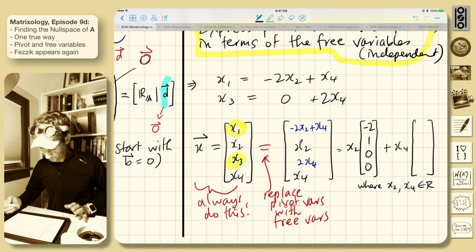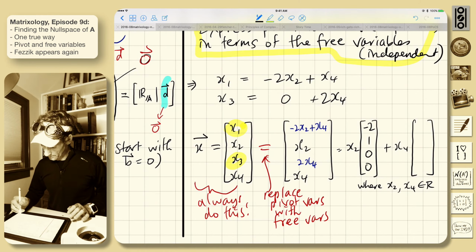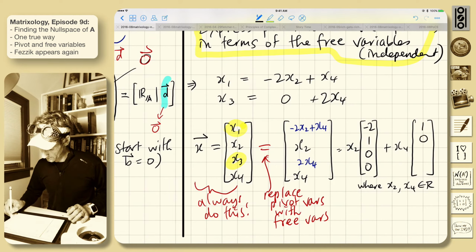Did I get that right? Yeah. Okay. Right. So if we look down through here, we find all of the x2 pieces here, and the rest are zeros. The x4s here, here, and here, and the other one is a 0. So that we get a 1, a 0, a 2, and a 1.